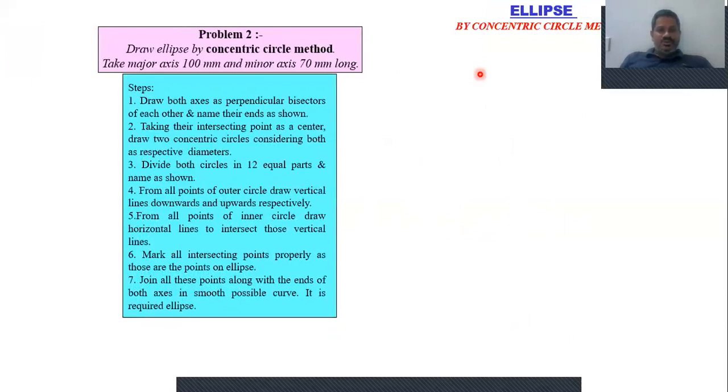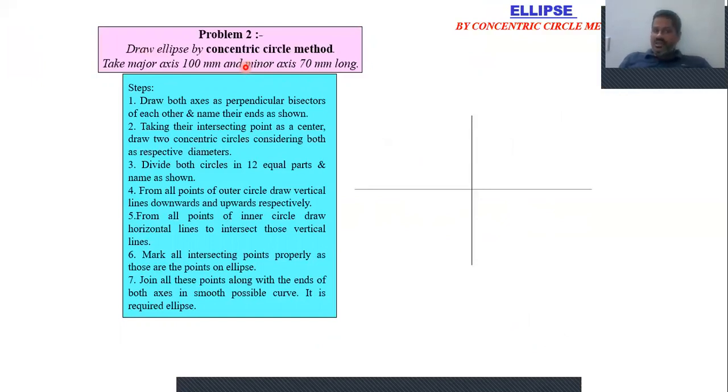Now I read out the problem: draw an ellipse by the concentric circles method, taking the major axis as 100 mm and the minor axis as 70 mm. Draw a horizontal line 100 mm long, then draw a vertical line 70 mm long, the major axis and minor axis.